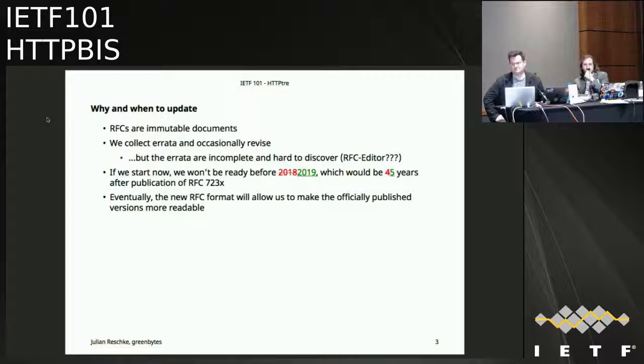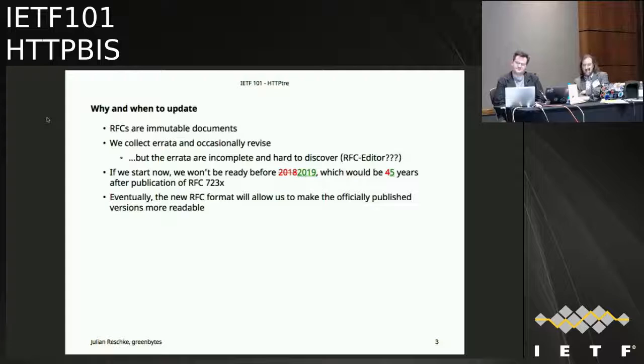People sometimes ask, why do you want to update? So we can't change the RFCs that are published. We collect errata, but people do not look at the errata. When to update, depending on how much we want to do, it will be something like 5 years since the last revision, which isn't that quick.